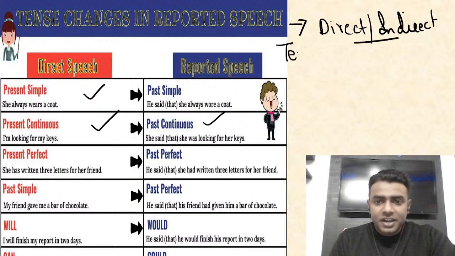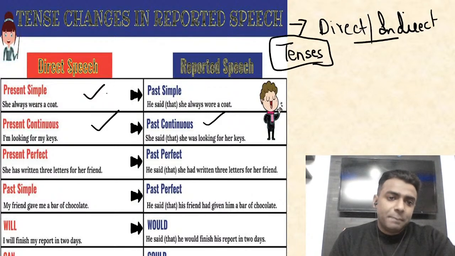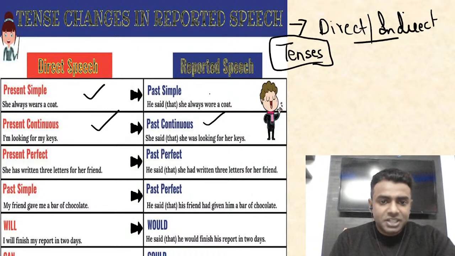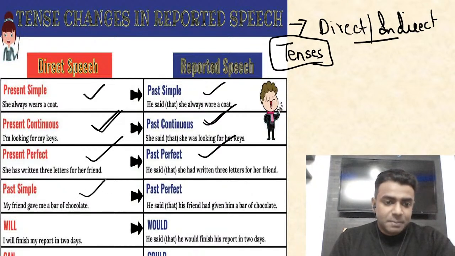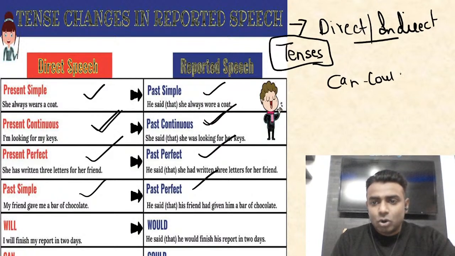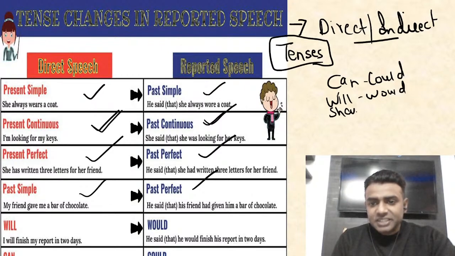I have already taught tenses a few minutes before. Now you can better apply the formulas. Present perfect changes into past perfect. Simple past changes into past perfect. Can changes into could. Will changes into would. Shall changes into should. And may changes into might.